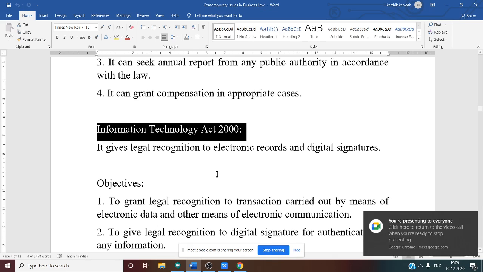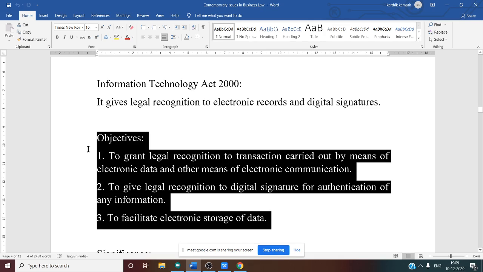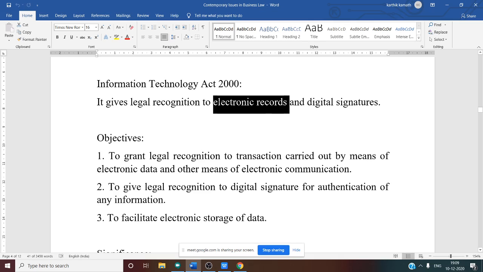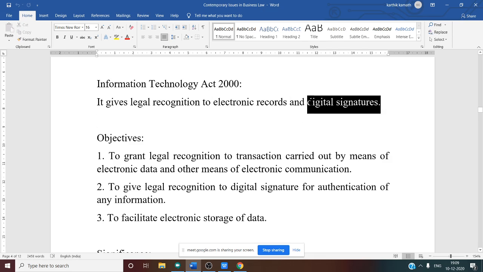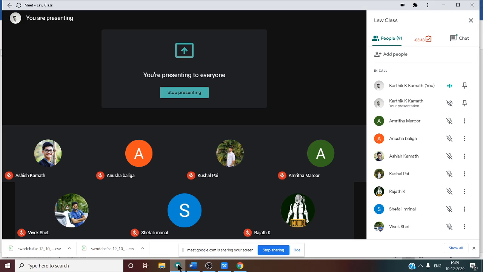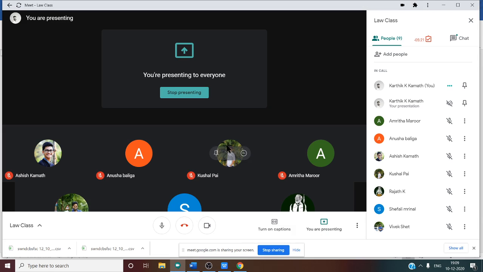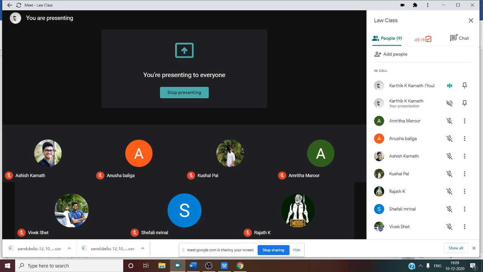Now, the objectives of the Information Technology Act come from its meaning. If you see the meaning, you can create two objectives. One is maintenance of electronic records, and the other is giving legal recognition to the digital signature. So what do you mean by digital signature? A digital signature is used instead of the manual signature or the common seal of the company.